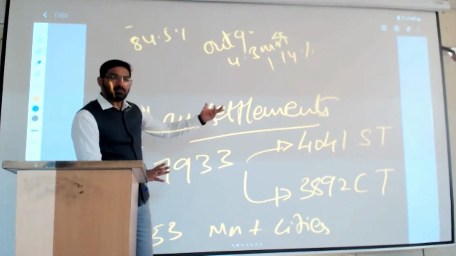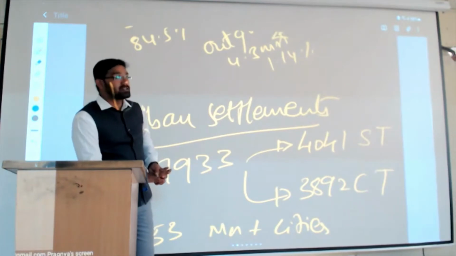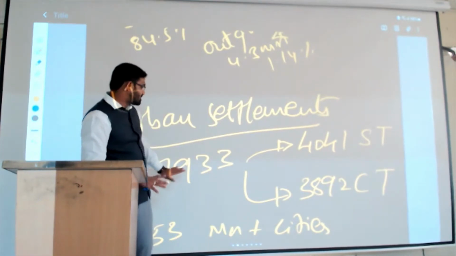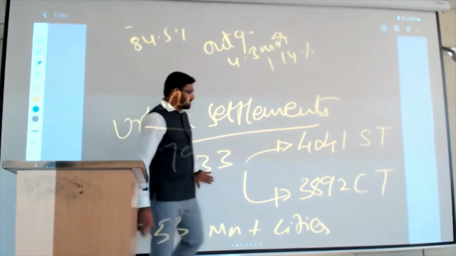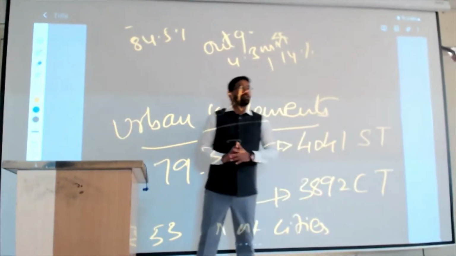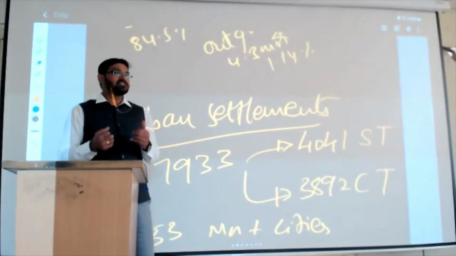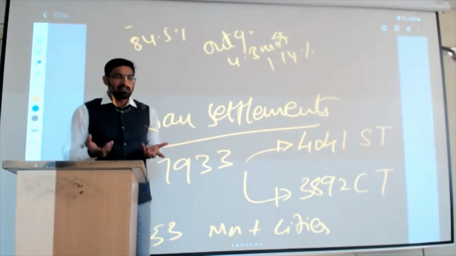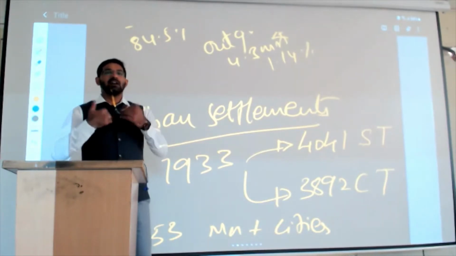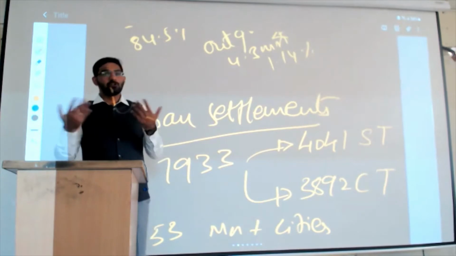But in prelims, nowadays they are playing number games. 4041 is the number of statutory towns. So the total number of towns is 7933. So you got what a census town is? What is a statutory town? Any town which is recognized by a statute of a state government or union territory as a notified municipality, municipal corporation, Nagar Panchayat, or cantonment.